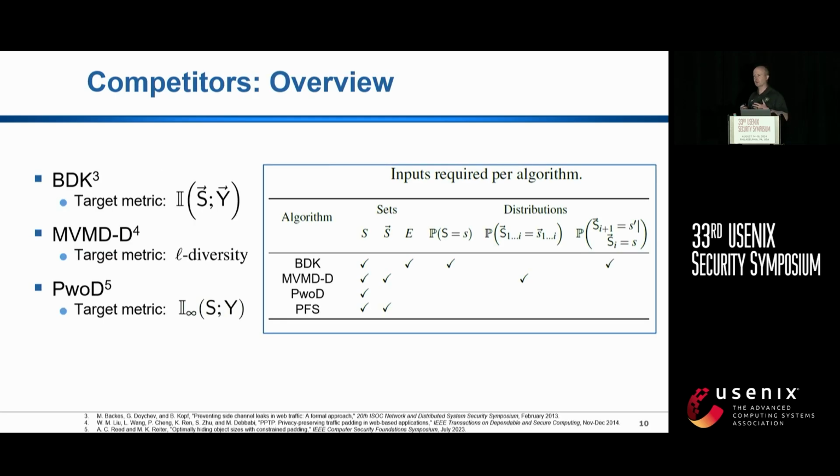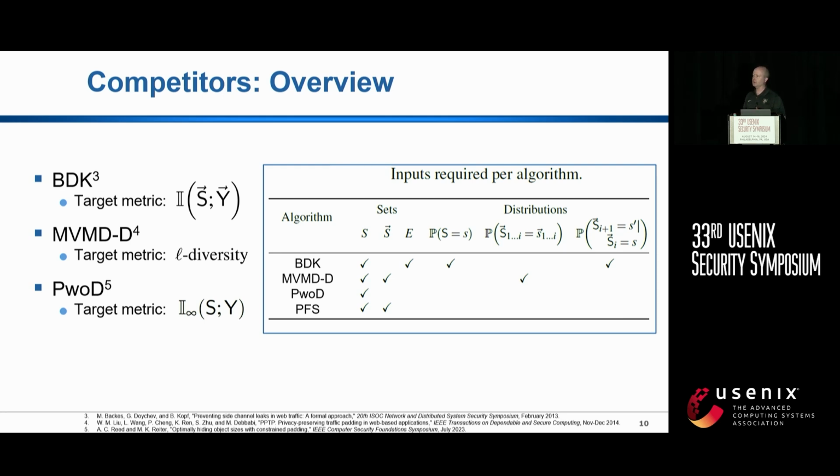So as part of our evaluation of our algorithm, PFS, we selected 3 competitors from the literature. We chose these competitors because, one, they each target a different privacy metric. Also, they each operate differently. BDK and MVMD from the literature both were designed to target sequences, as does PFS.